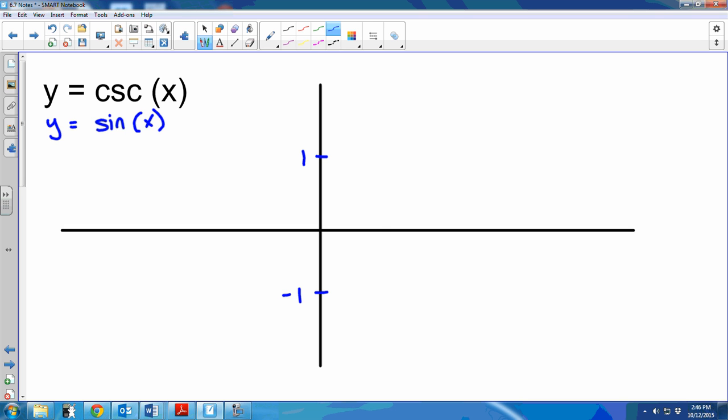We know the period is 2 pi. So we use a scale of pi over 2. We know that sine starts at the origin. And here is our sine curve.